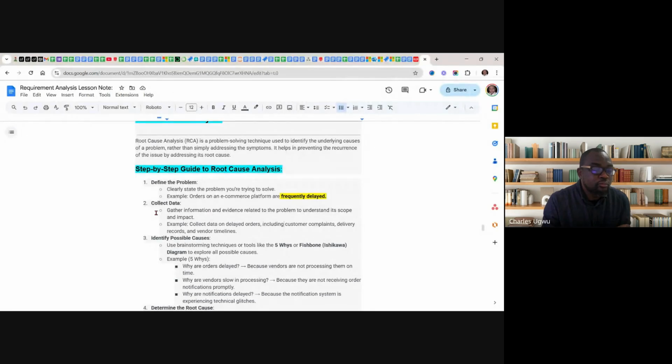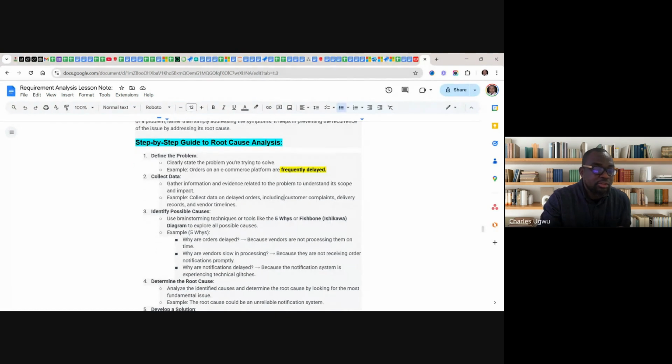Next, collect data: gather information and evidence related to the problem to understand its scope and impact. Example, collect data on delayed orders, including customer complaints, delivery records and vendor timelines. And then identify root causes.